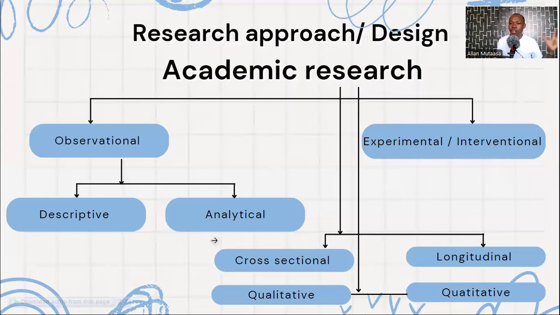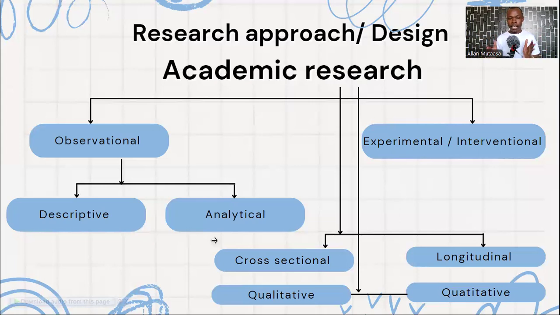And the goal is to see if a change in one variable results in a change in another variable. For instance, does a change in employee motivation directly result in better performance? That is a question that we are asking ourselves.